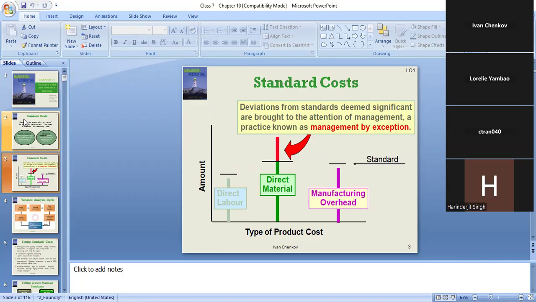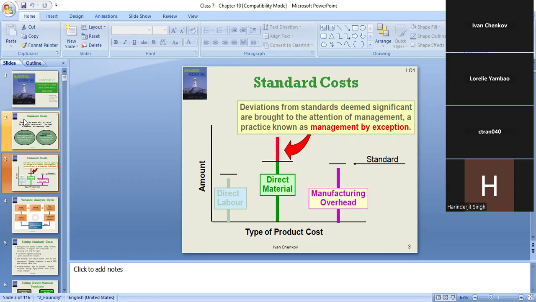Then when we run the report, actual versus budget, we may have variances for direct material, variances for direct labor, and variances for manufacturing overhead. Once we have our standards, we're going to chase only the variances which are exceeding our standards on the negative side.